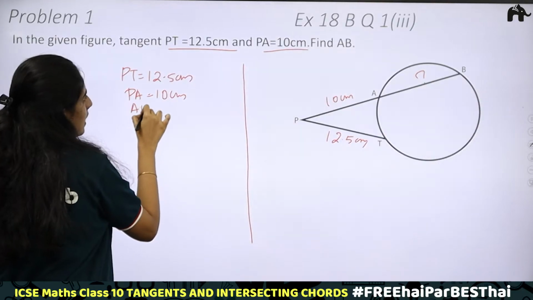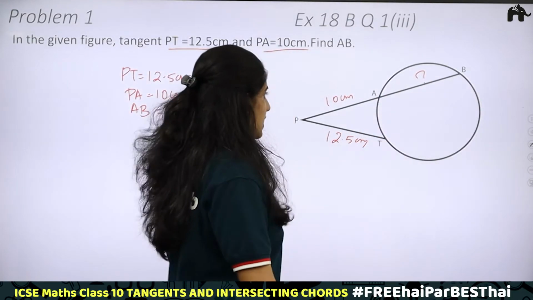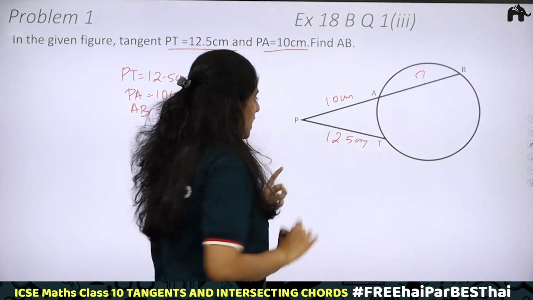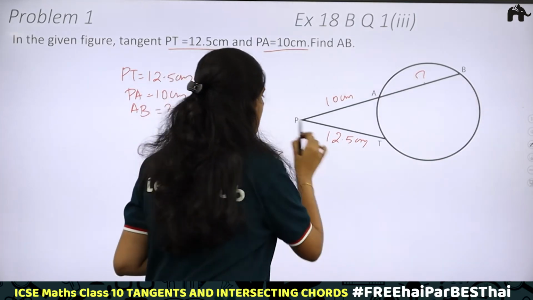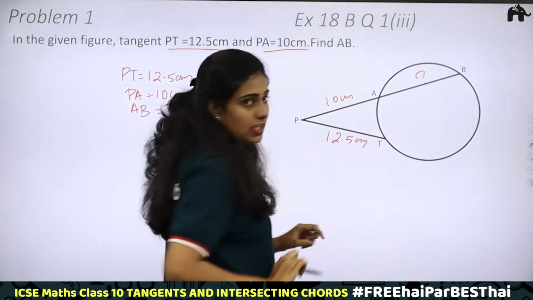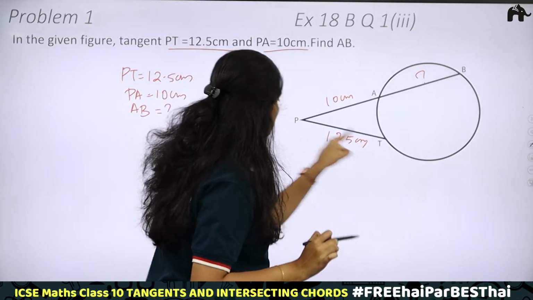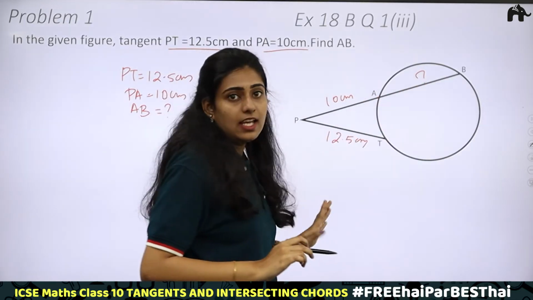To find AB. Now AB is a chord of the circle. AB when produced, here we have a point P. Here PT is a tangent to the circle. So from this point of contact, we have a line to the intersection with the chord which is externally extended.